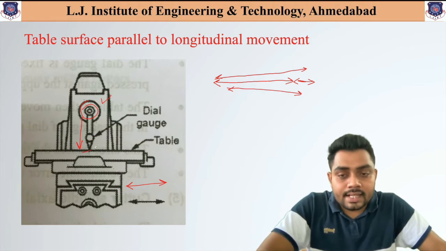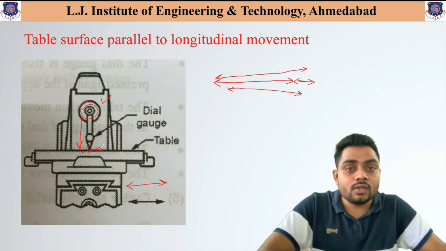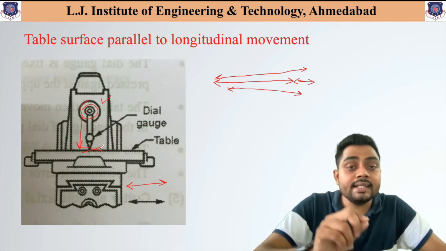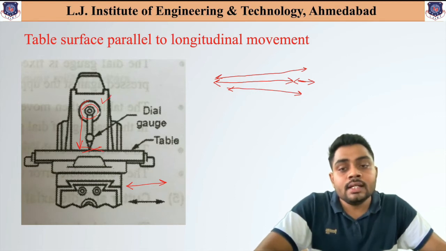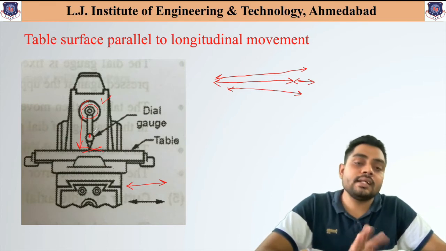But if there is slightly an inclination, maybe in this direction or maybe in this direction, the tip of the dial gauge gets pressed, and due to that pressing, the dial indicator shows the deviation or reading on its dial.